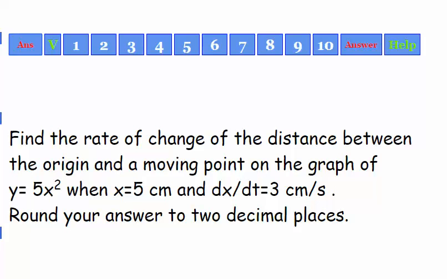So let's go ahead and bring up the whiteboard, and I'm going to first sketch out a picture of what's going on to help you see it. So we have that curve y equals 5x squared, and I'll write that right here.